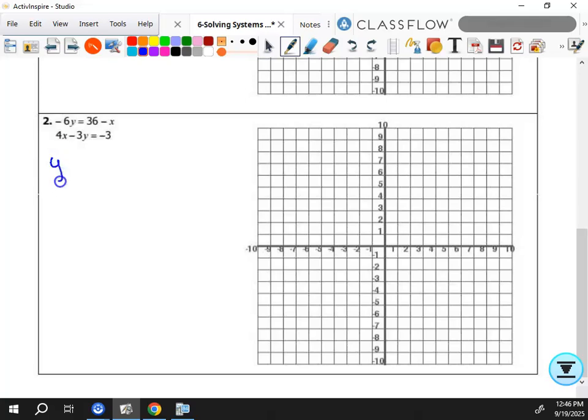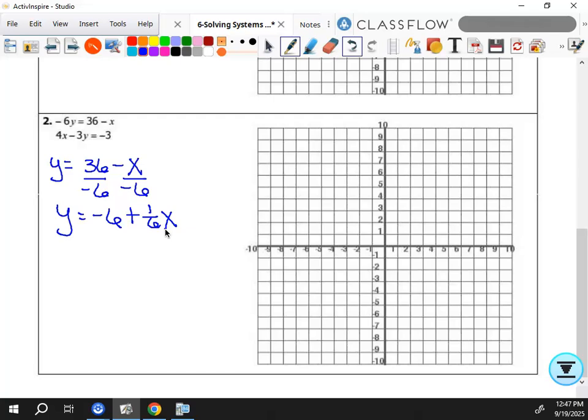So I need to divide by -6. I'm dividing each one of these by a -6. So that's y equals -6 plus 1/6x, or 1/6x minus 6. That's fine too. Okay, we all okay with that?